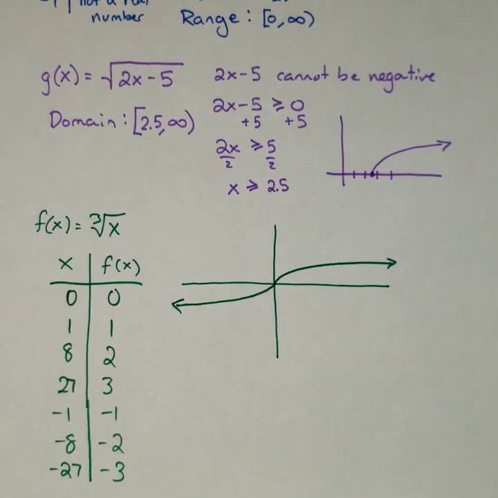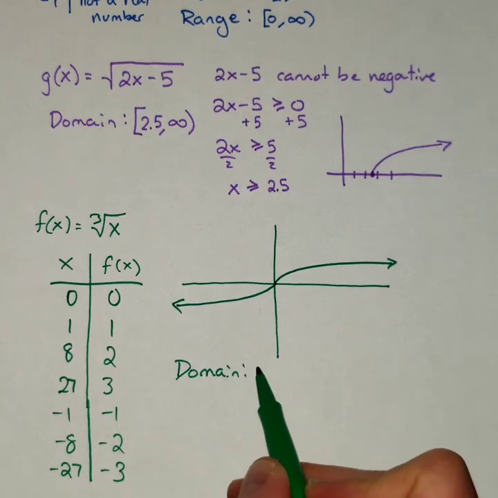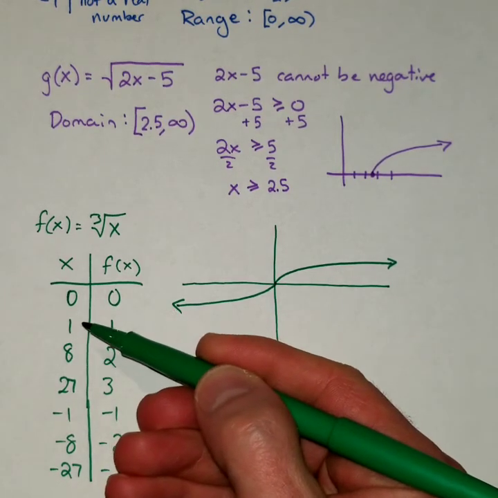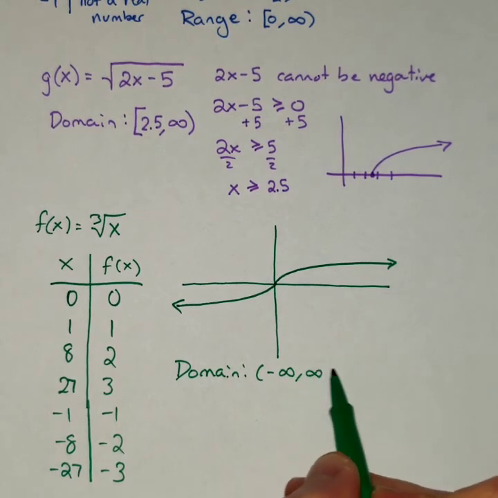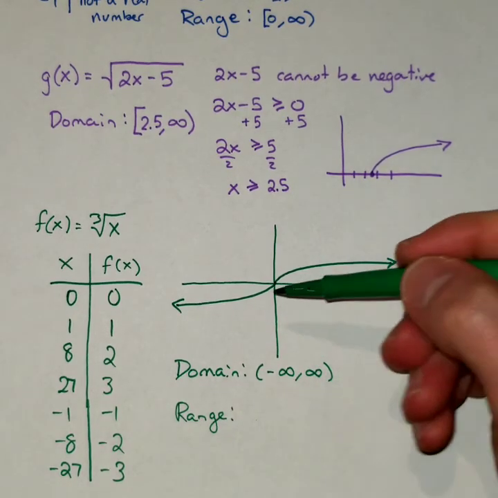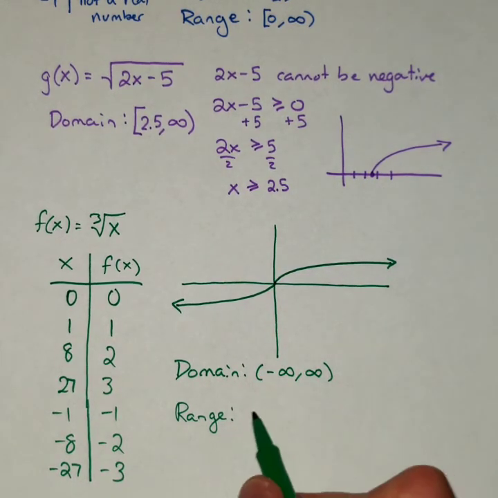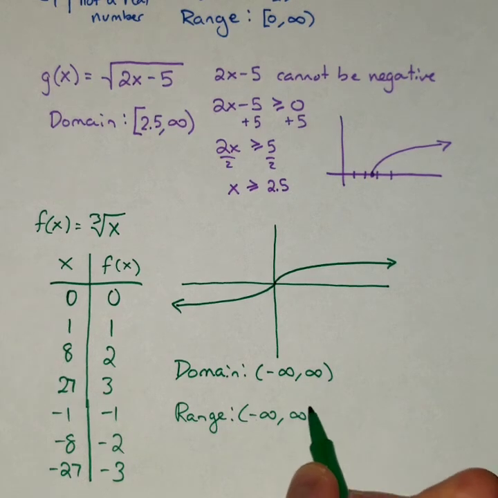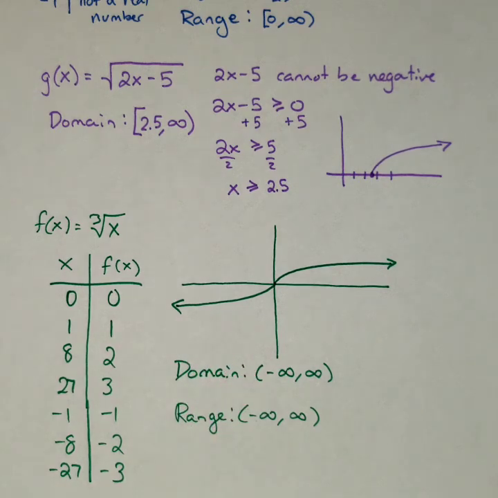And so this one, the cube root graph, has a domain that goes all the way to the left to negative infinity, all the way to the right to positive infinity, so it's all real numbers. And so also for the range. The range, this arrow goes down infinitely far, and this arrow goes up infinitely far. And so you have all real numbers for the range. There's no work to be done. A cube root will always have all real number domains and ranges.